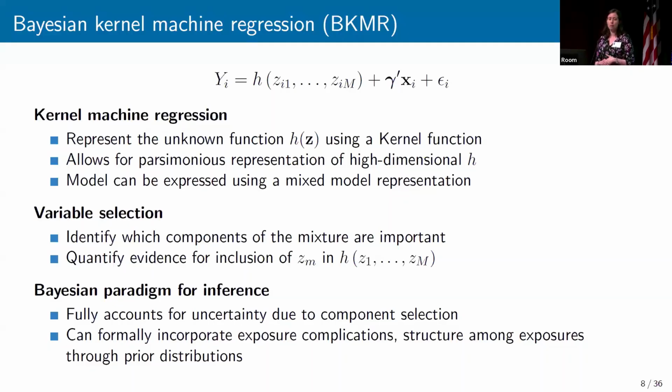Another opportunity with using Bayesian inference is that we can formally incorporate exposure complication as well as structure among exposures through prior distributions. For those who may not be familiar with Bayesian inference, what you do is you specify a model and then you have a lot of parameters in the model, and you might have prior information about those parameters.